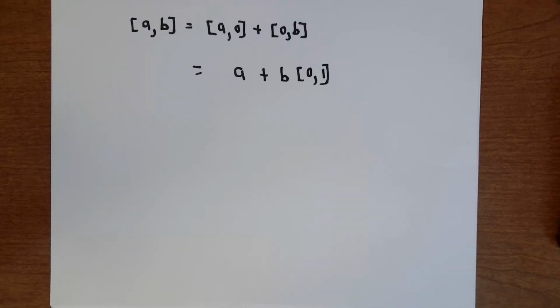In the bracket notation, we decided how we would do addition. Bracket a comma b is bracket a comma 0 plus bracket 0 comma b. We've decided that we're going to identify things with a 0 in the second slot as just being a real number. So instead of literally writing bracket a comma 0, I'm just going to write a instead.